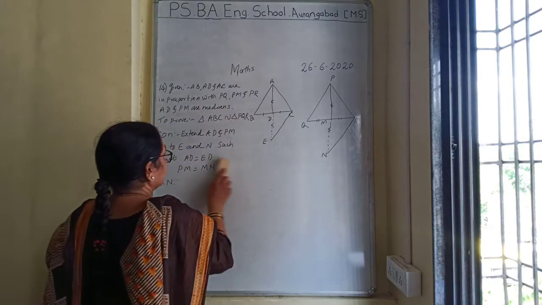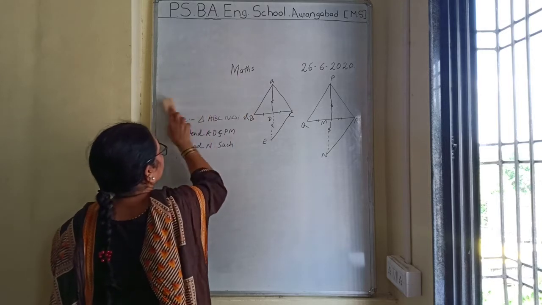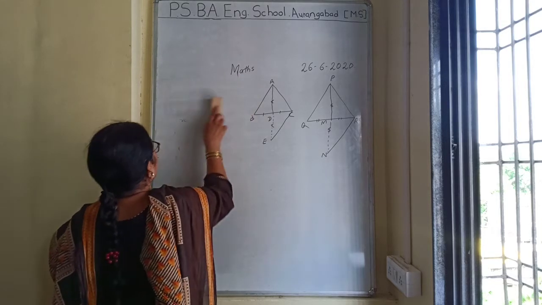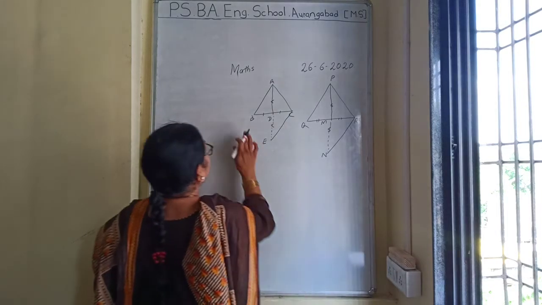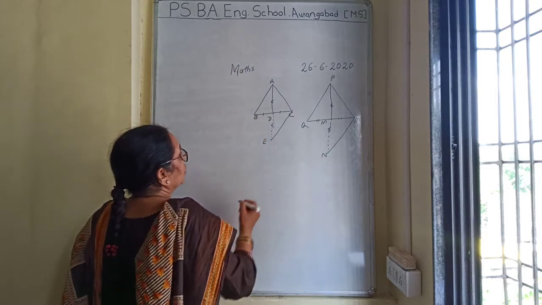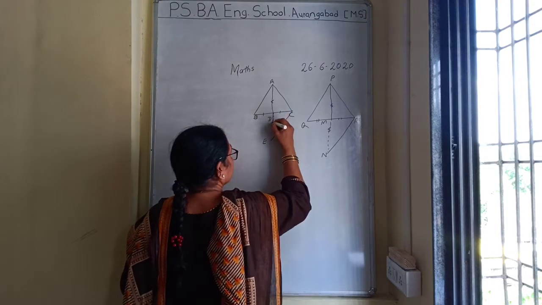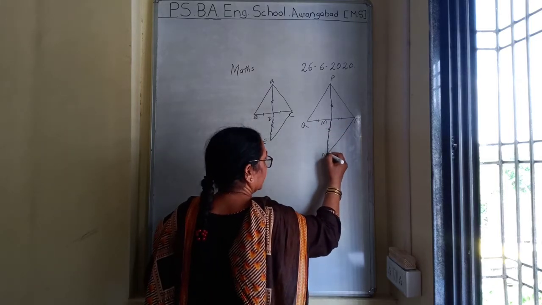Correct? So should I erase this? Yes. Because we require more space for this sum, and I want everything to be on the board when I am writing. Correct? So let me make this continuous, so it will be easy for us to understand.